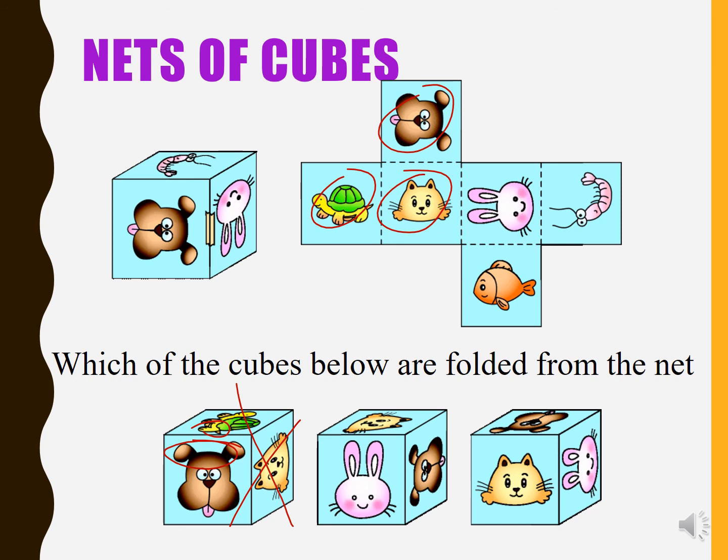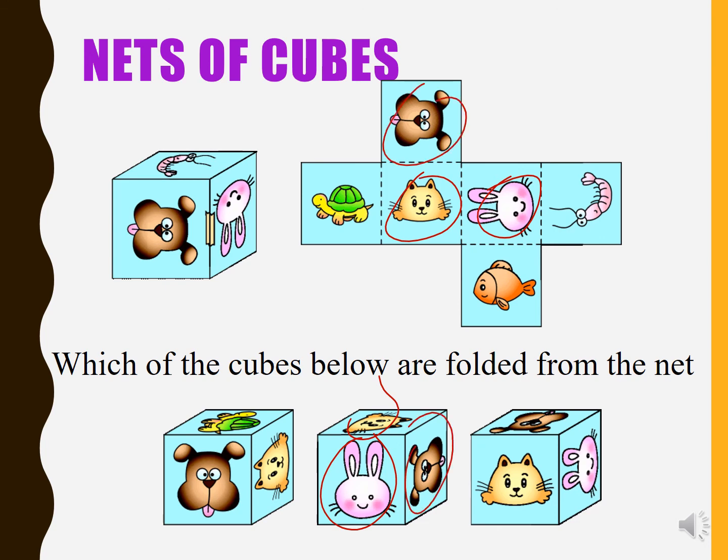And then let's see picture 2. In picture 2, we have the rabbit, the cat, and the dog. Again, they are next to each other. So now check the orientation of the pictures.